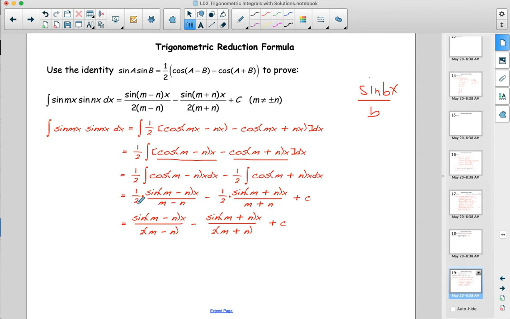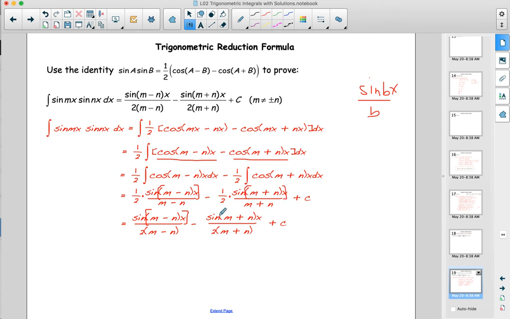And now we can simply associate the two here. Instead of seeing these as a product of two separate fractions, we will now multiply the denominators and leave this as sine m minus n times x, or sine of m minus n of x. Maybe it would have been better if I wrote it that way. I mean, that's exactly how Desmos would tell me to write this, to make it clear.